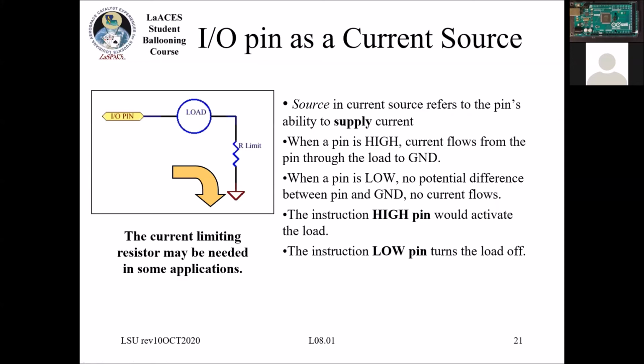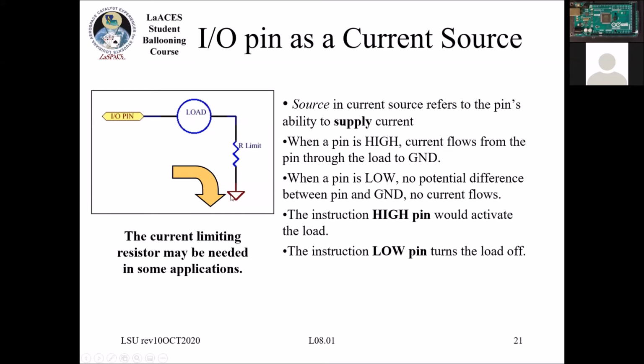So when you use an I/O pin, it can act as either an output or an input. Usually when it's an output and it's high, it's acting as a current source. You'll have some sort of load and then a limiting resistor to prevent you from drawing too much current, because this may be something as simple as an LED.